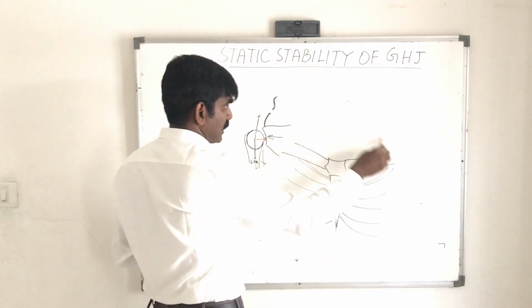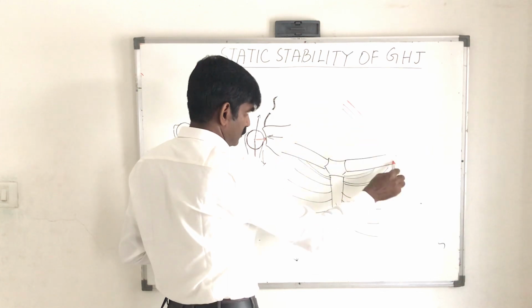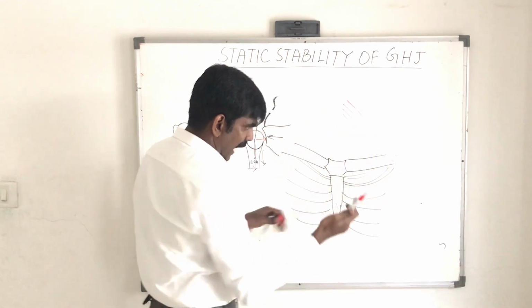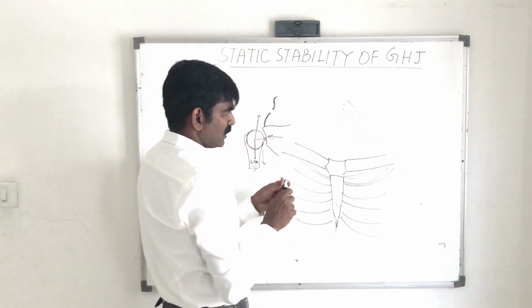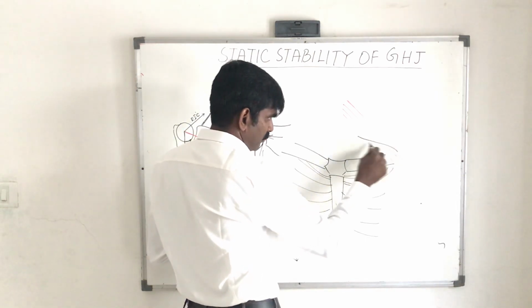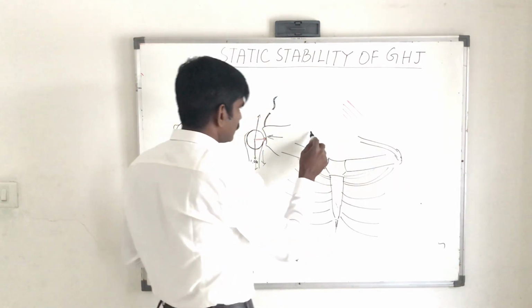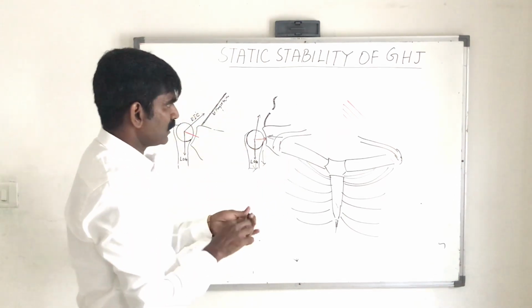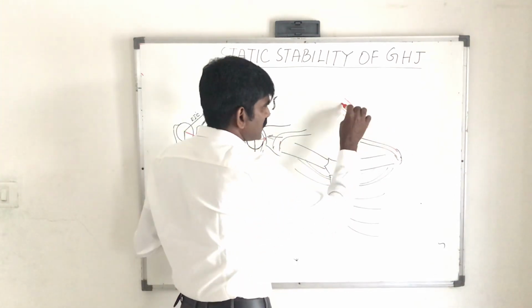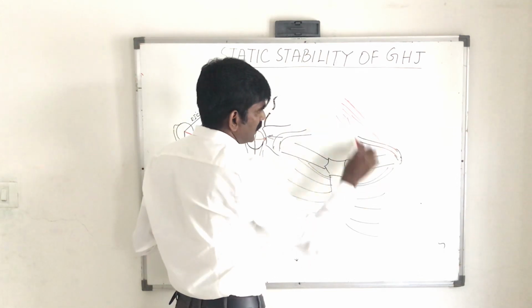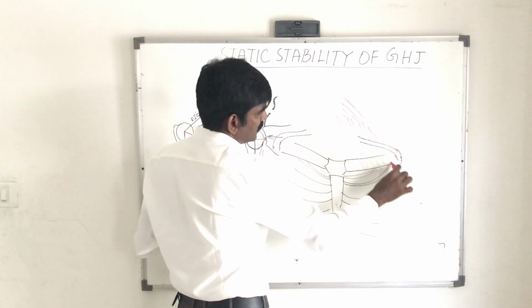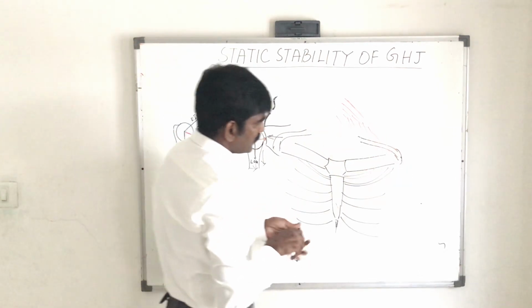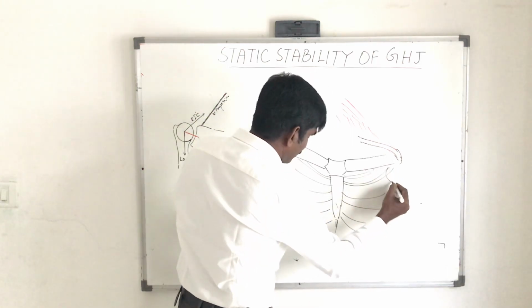And this is the upper trapezius, and this is the clavicle, and this is the acromion. Clear? The acromion process and the spinous process, which is behind it. The trapezius muscle is inserted here, and this is the glenoid cavity.